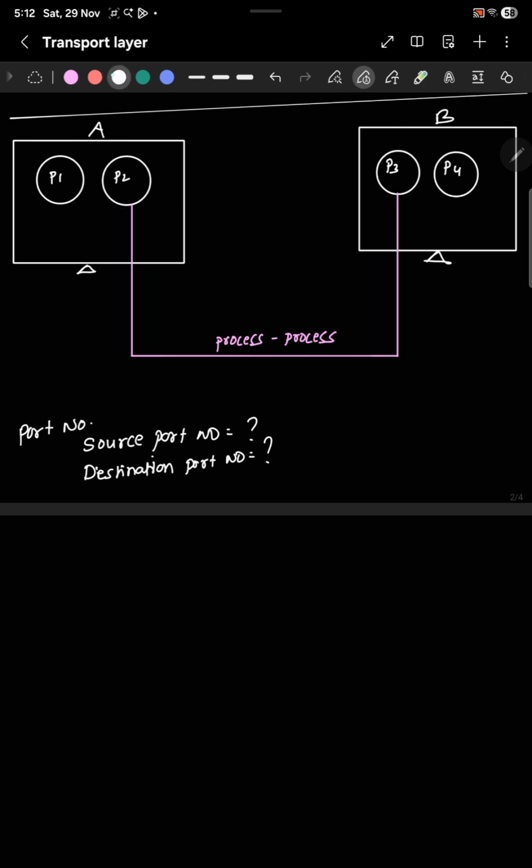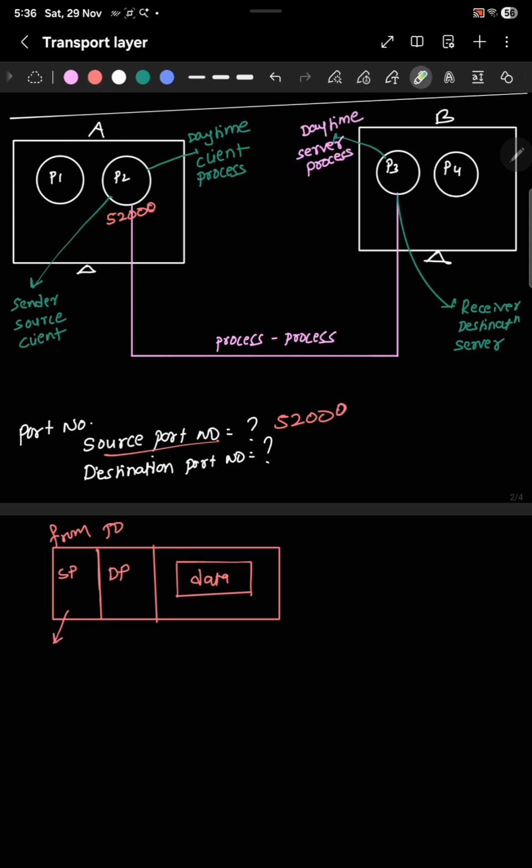Consider that the assigned source port number would be 52,000 something, randomly generated by the operating system. Now my question is, what would be the destination port number?